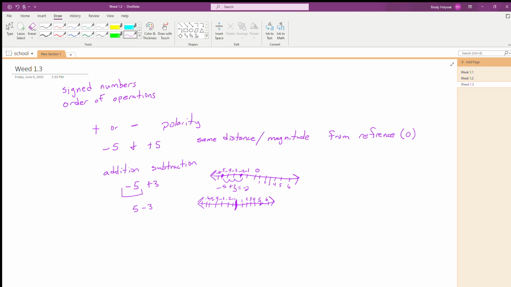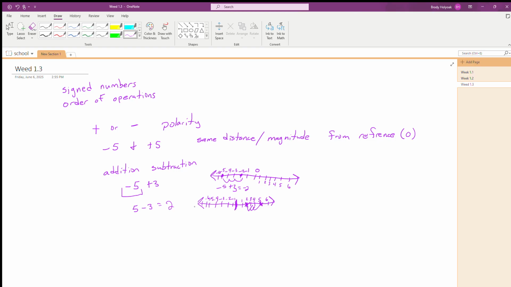If I'm starting here at 5 and subtracting 3, I'm making this number smaller. So I'm going to go 1, 2, 3. That's going to drop me off into the 2 position. My new number will be right here at 2.